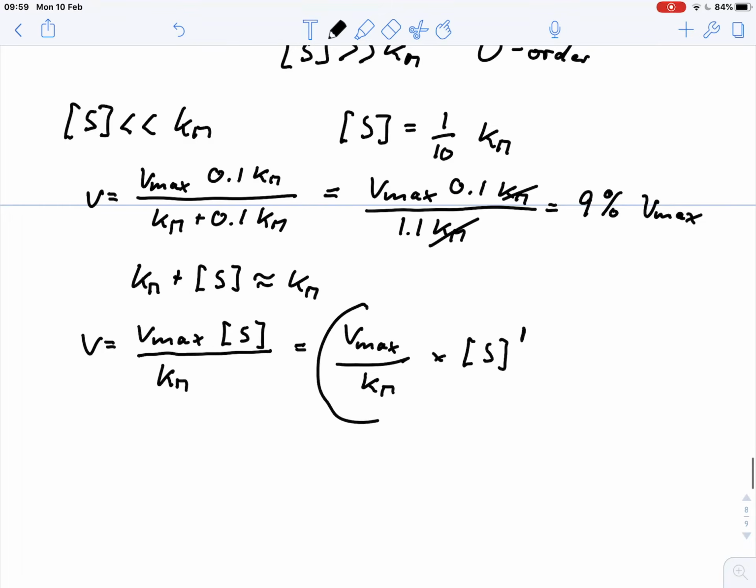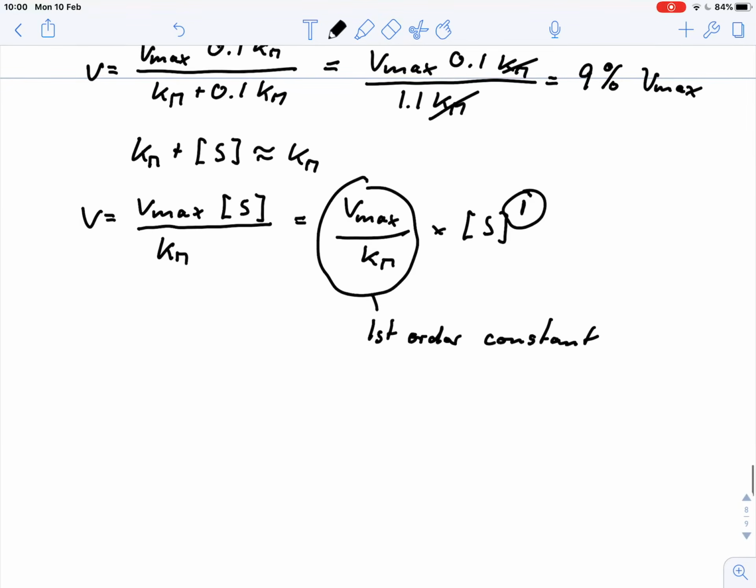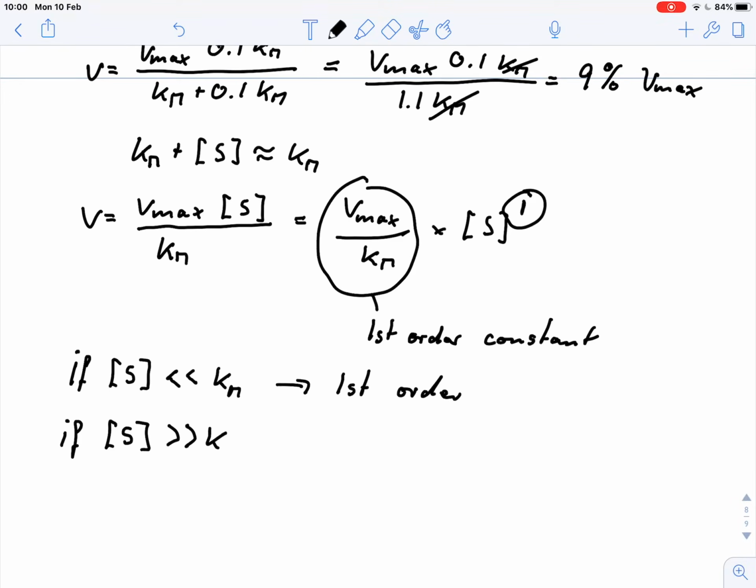And I can treat Vmax over Km as a sort of first order constant. And I see that the reaction is a first order reaction. So basically, if the substrate concentration is very small compared to Km, we have a first order reaction. If the substrate concentration is very large compared to Km, we have a zero order reaction.